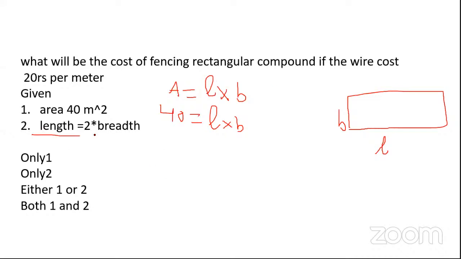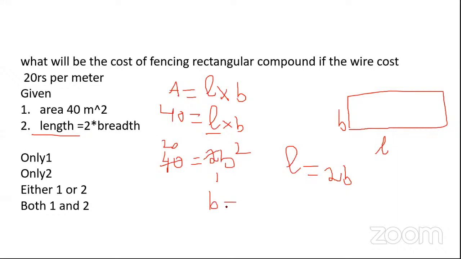So I'm using the second option, that is L equal to 2B. So I'm substituting this in place of L. So 2B into B, that is 2B square equal to 40. So I can cancel 2, 2 ones are 2, 20. Now B square equal to 20. So B equal to root of 20, which can be written as root of 4 into 5.